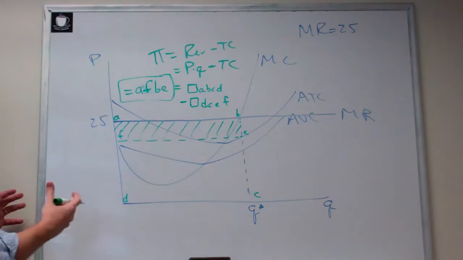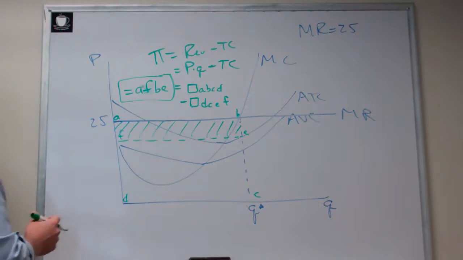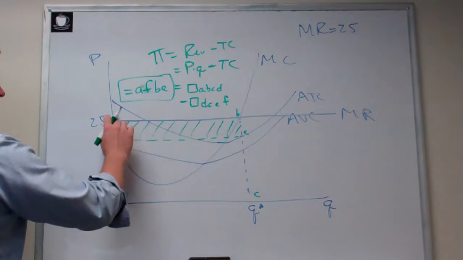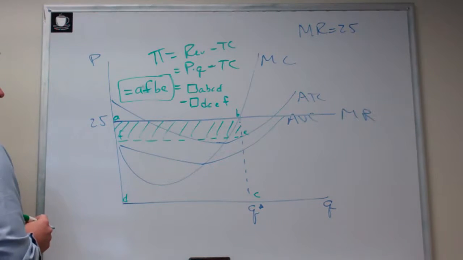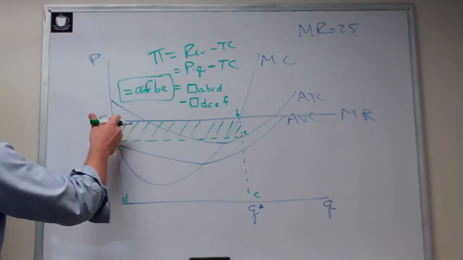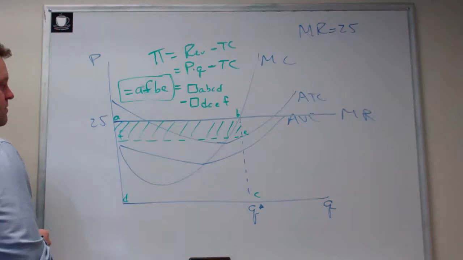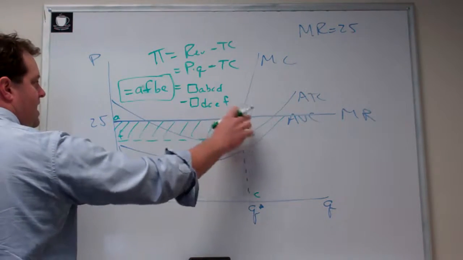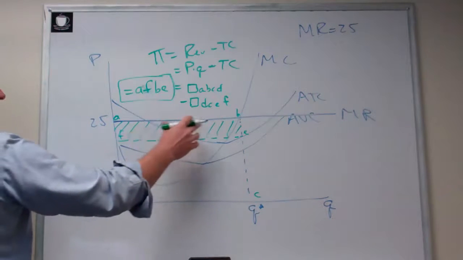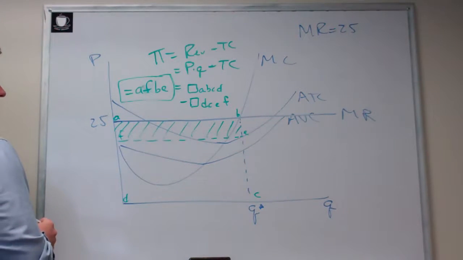And given the market structure that we've looked at here, this rectangle has an area equal to 21, given the fact that price equals 25 and the cost structure of the firm that we've looked at here. But this rectangle AFBE has an area equal to profit.